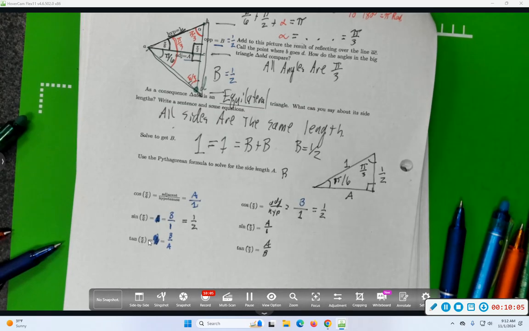Nice. All right. So, I guess we need to figure out A. Do we have enough information in this picture that we could figure out A? What's the relevant fact? What's the fact about triangles that would let you do this?